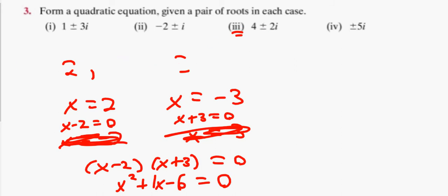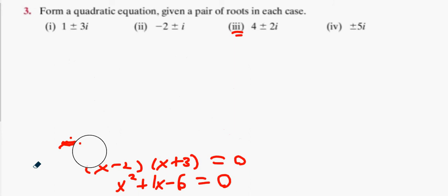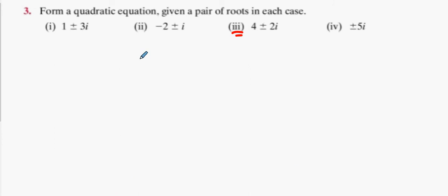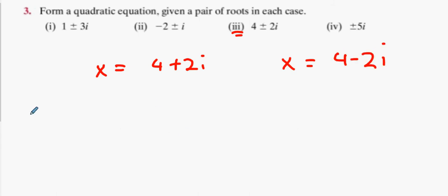Here it is, part 3. What would you write down as your 2 x values, or even your 2 z values? Let's just do x. That's one answer. What's the other answer? Okay, what's the next step? Equals 0, yeah, and after that?